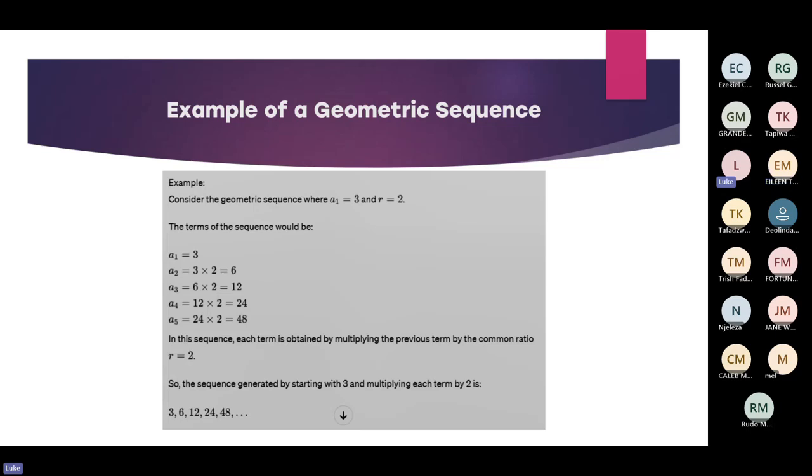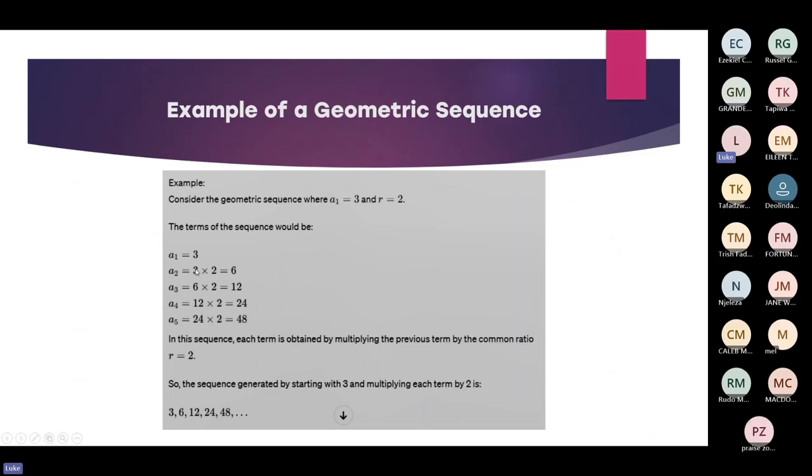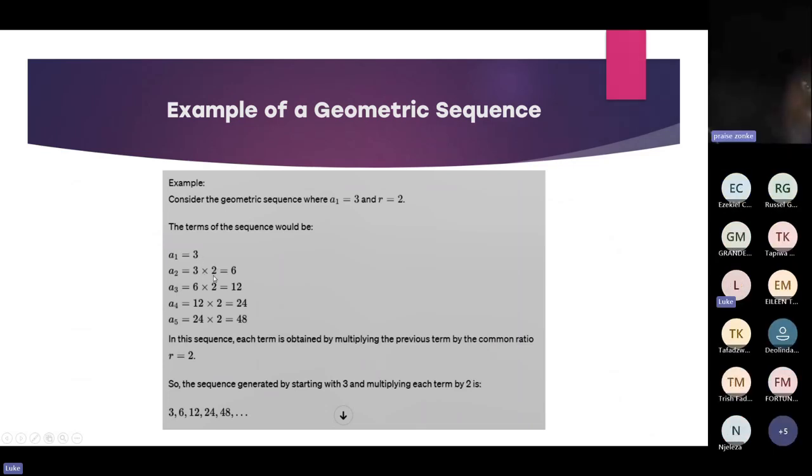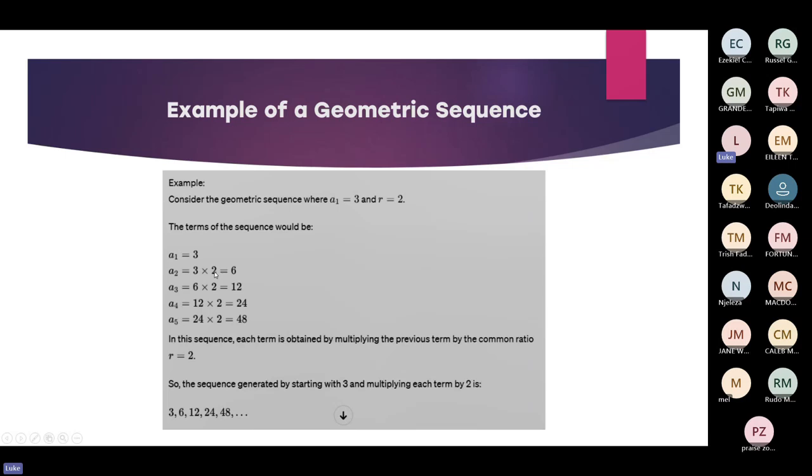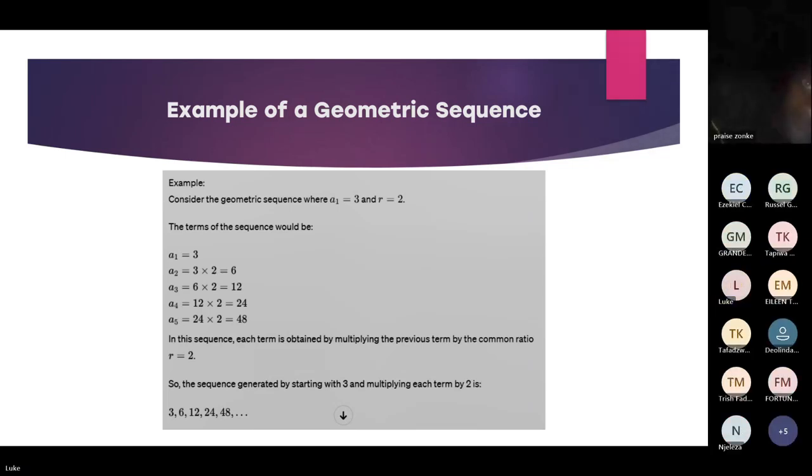We are just multiplying the previous number with our common ratio. So a1 we are given already, 3, and then on a2 we take a1, which is our 3, times the common ratio, which is 2. This is going to give us our 6.